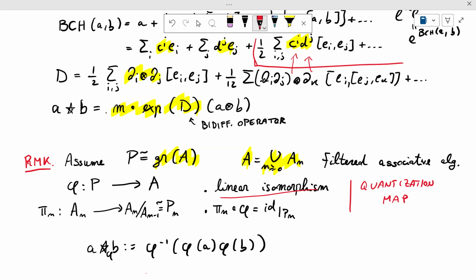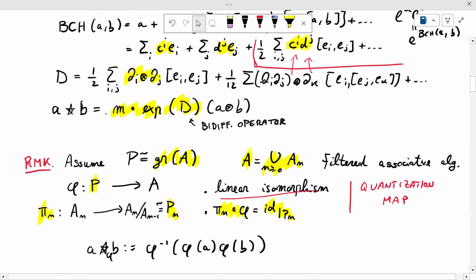So if we start from something in degree n here in the Poisson algebra, we use phi, and we map into an element in the nth term of the filtration. Then we can use this projection to the quotient, and we go back into Pn. We want this composition to be equal to the identity. Once we have this property, we can write the star product simply as the pullback of the associative product through this map.